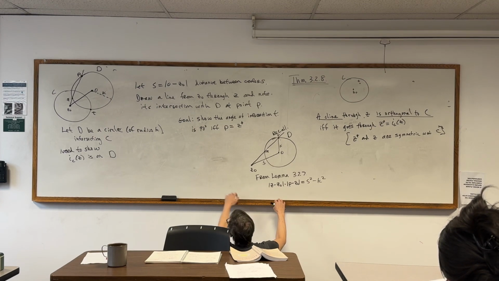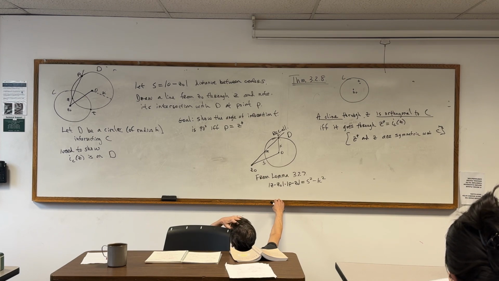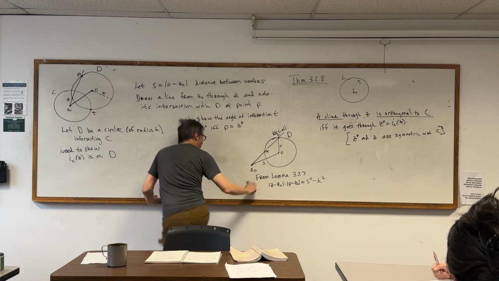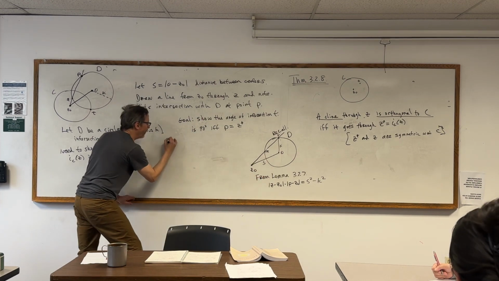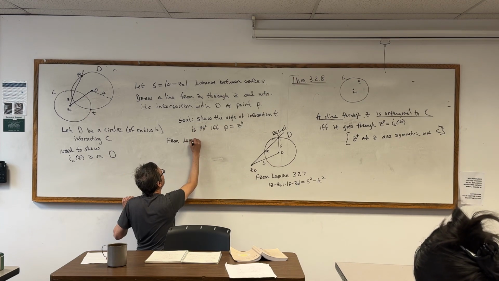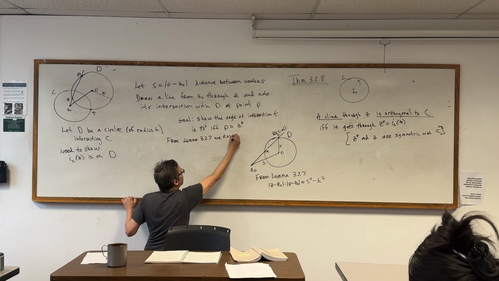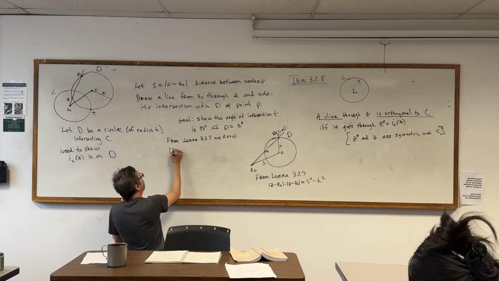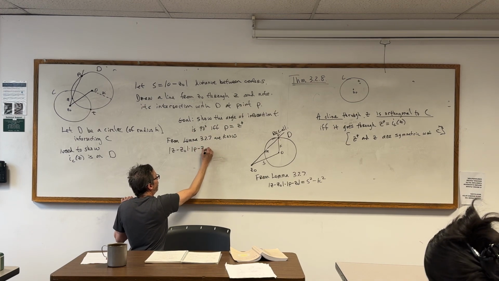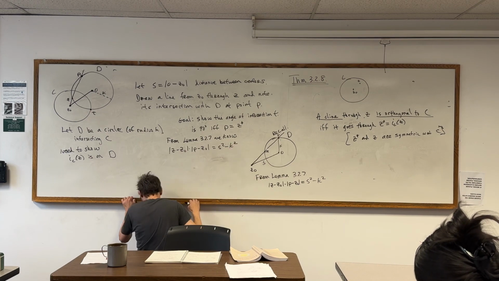That's just from that lemma, and we're flipping our perspective up there on that picture. All right. So I'm just going to make this little note down here, or just summarize this here. From lemma 3.2.7, we know this fact: Z minus Z naught times P minus Z naught, the distance, is equal to S squared minus K squared. Cool.